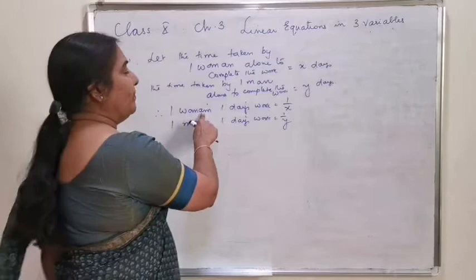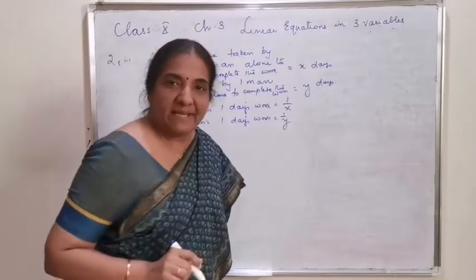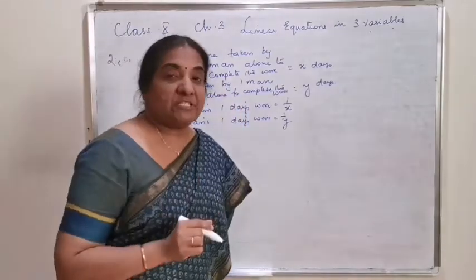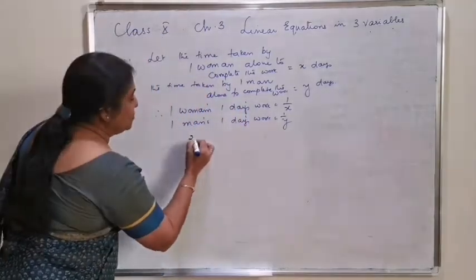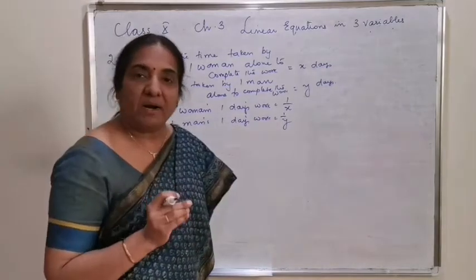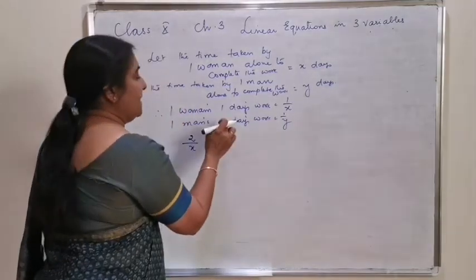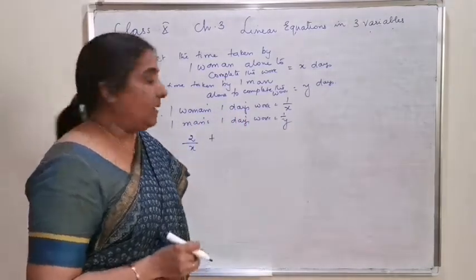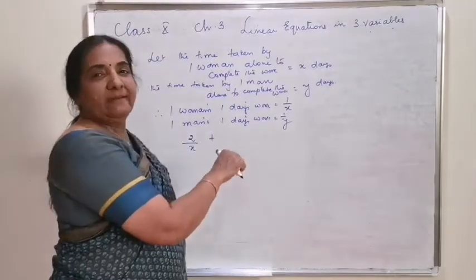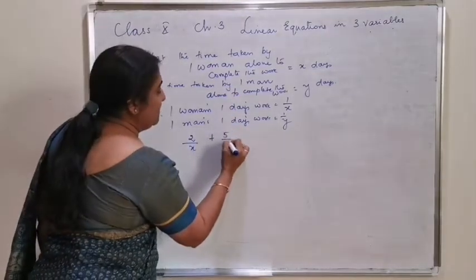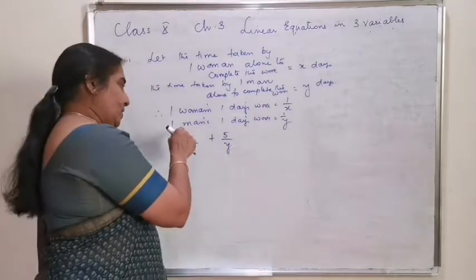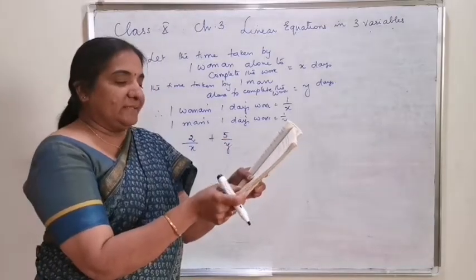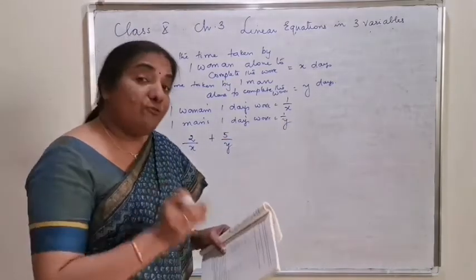If 1 woman's 1 day's work is 1 by x, what will be 2 women's 1 day's work? If it is of same capacity, it is 2 by x. It's all taken for 1 day. Plus, if 1 man's 1 day's work is 1 by y, what will be 5 men's 1 day's work? It will be 5 by y, and 2 women and 5 men together complete the work in 4 days.